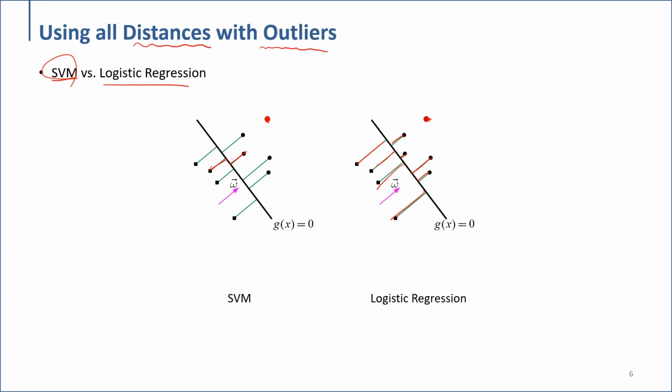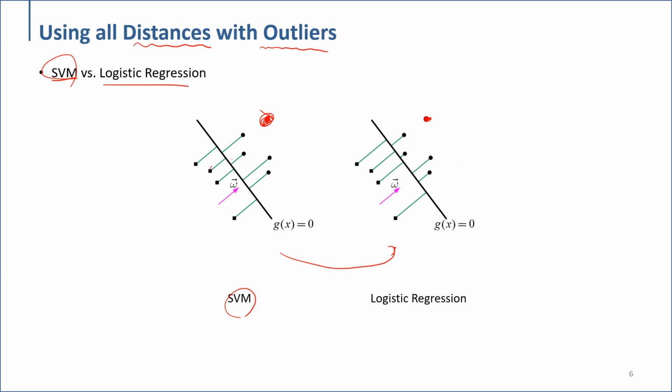In SVM, because we only measure the two closest data, the existence of outliers does not affect the decision boundary. But in logistic regression, as we measure the distance between all the data points, this outlier may affect the decision boundary, so the results can be biased toward class 1. So this is not a good case, right?